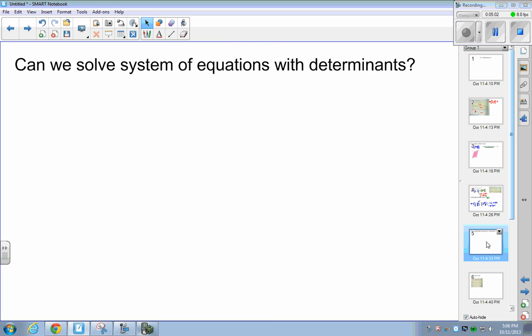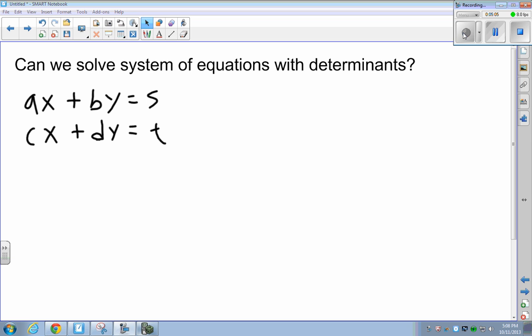Okay, so can we solve a system of equations with determinants? I just paused the video and wrote down this system of equations. Now, I'm about to show you guys how it's possible to determine the solution by using determinants. So anyways, let's write this in an augmented matrix.